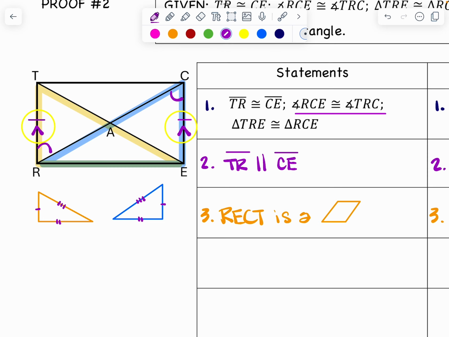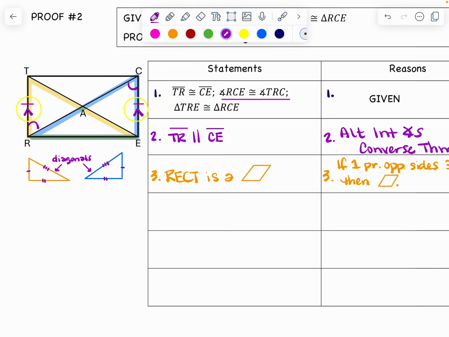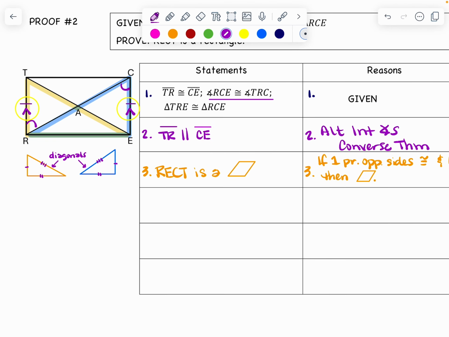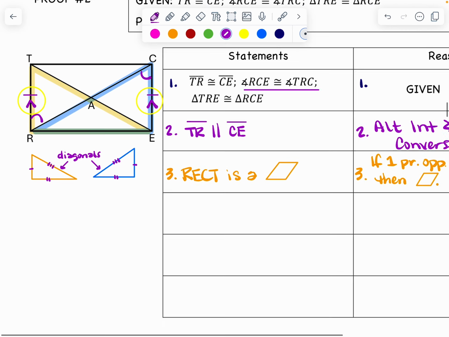So the parts that are really going to help me are going to be these hypotenuses, because the hypotenuses are the diagonals of the rectangle. If you notice that in the picture up there. So if the hypotenuses are the diagonals and these are congruent right triangles, well then the hypotenuses are congruent, right?